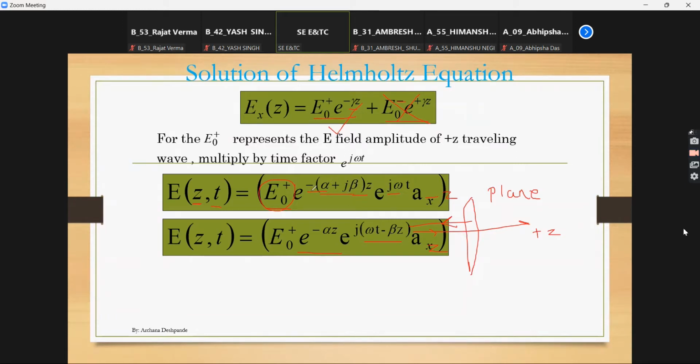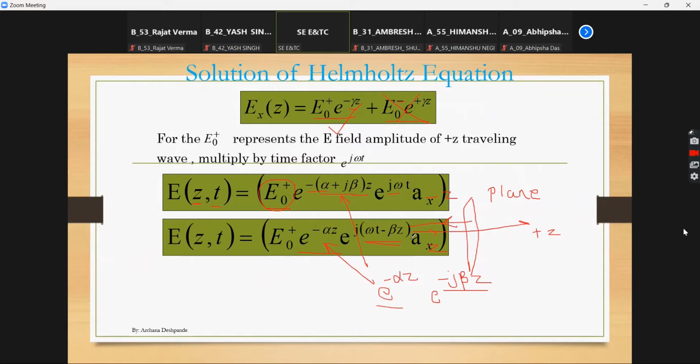So here you have e to the imaginary, because that represents your phase. If I open this bracket, e raised to minus alpha z, and e raised to minus j beta z and e raised to j omega t, combining them, this term is written here.